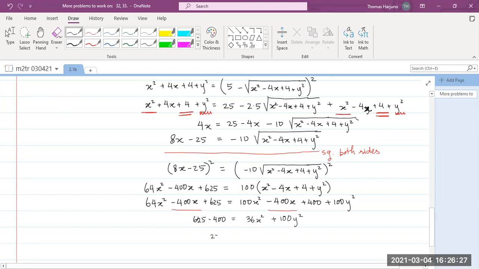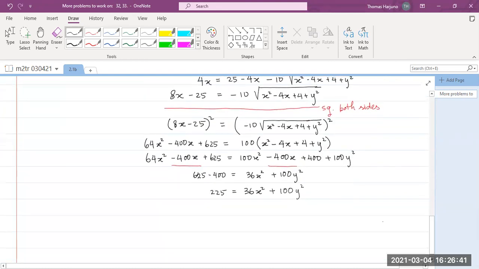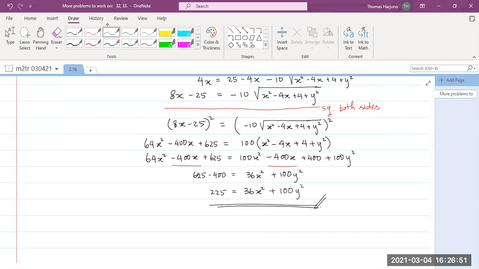That's 225 equals to 36x squared plus 100y squared. That's the equation they want. Okay, that's the equation they want.